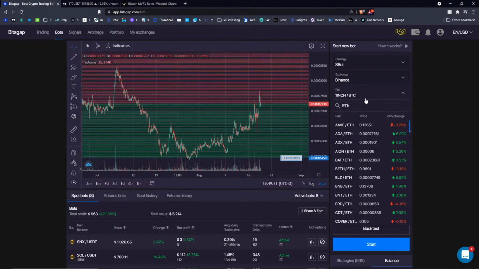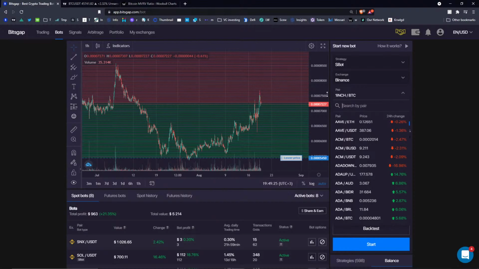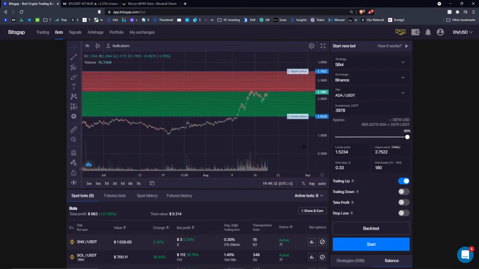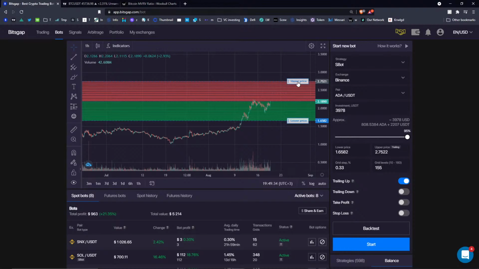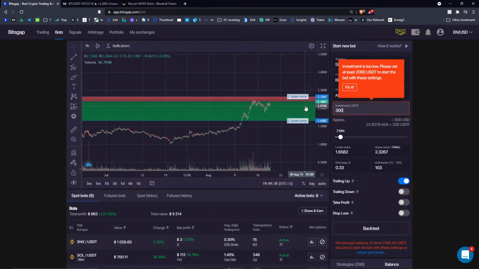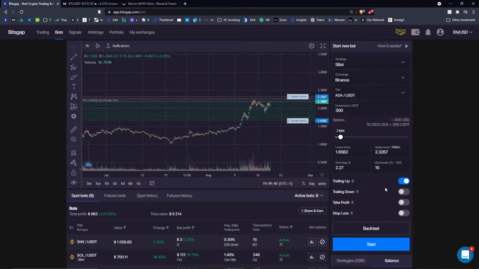Okay, then let's play with Ethereum in this case. My bad, I should have checked it on Binance at first. I think we have ADA on both exchanges. So let's say this trading setup, and let's say only 300 USD. Yeah, 15 grid levels is what I can afford.